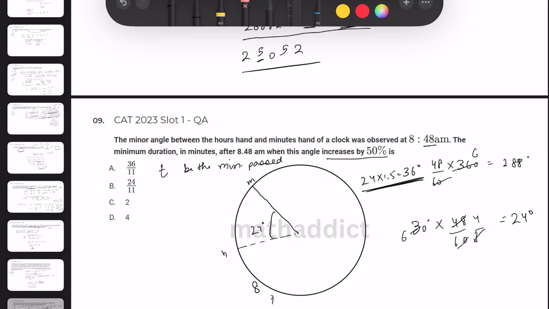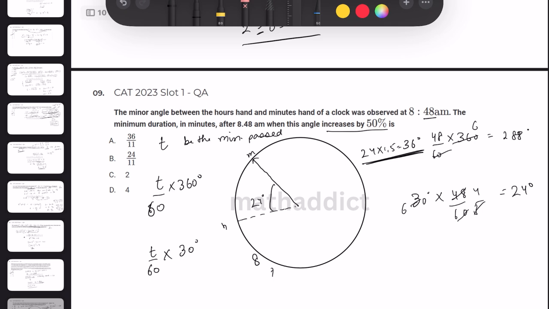Okay, so the angle of the minute hand would be increased by t upon 60 into 360 degrees, because in every 60 minutes the minute hand completes the entire 360 degree rotation, and the hour hand would move by t upon 60 into 30 degrees.